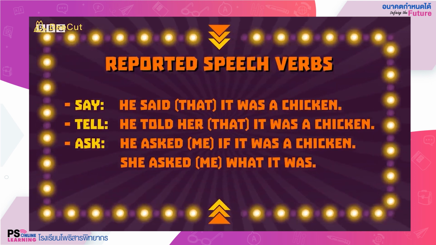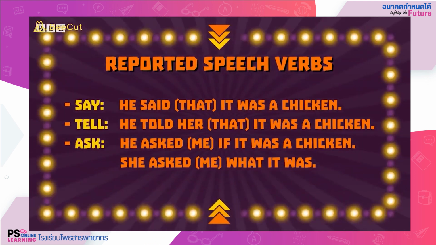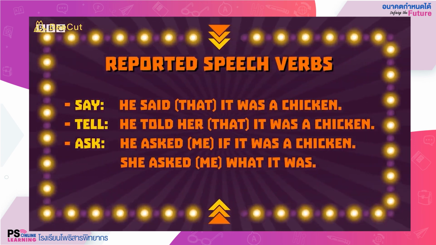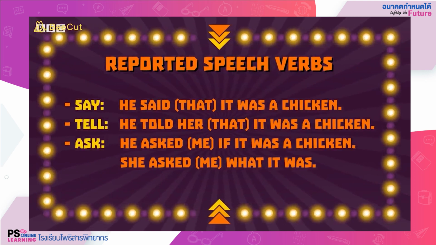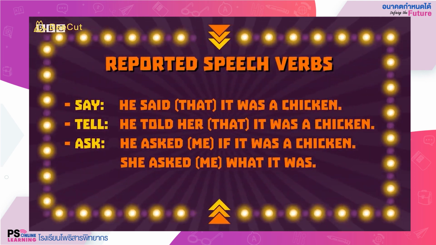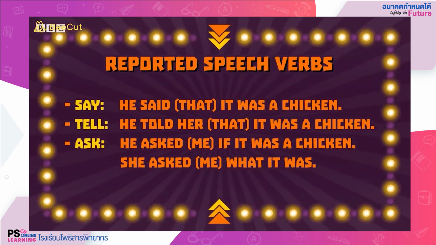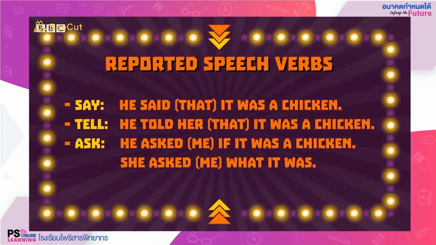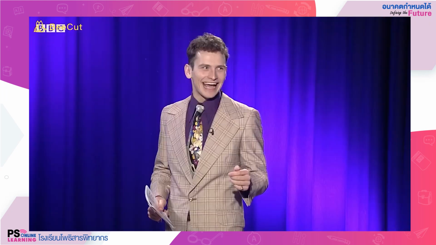Will told Nana Will it was a big chicken. Finally, ask is used in reported questions. Ask can be followed by a pronoun and then if or whether for a yes-no question or a question word for a question word question. Good work, Bill. Have 15 points for you. And 20 points for Nana Will.